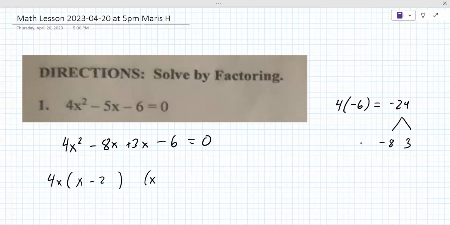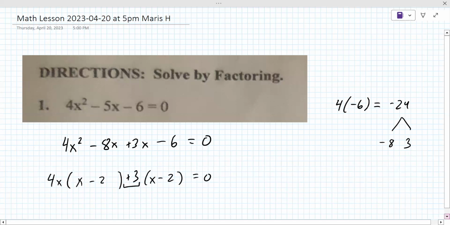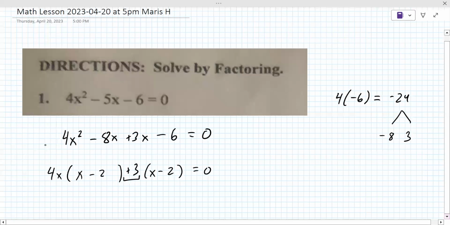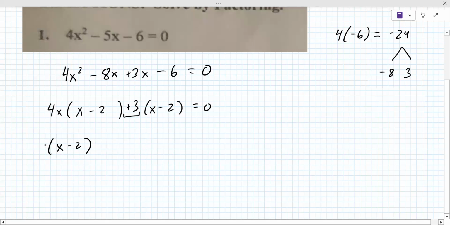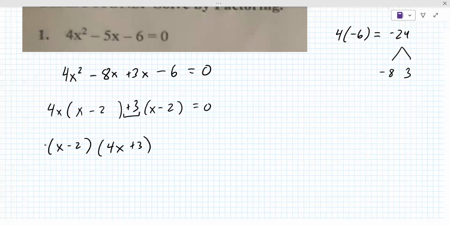And you write that over here as well. What goes in between them? +3, good. So here we go. You factor out x minus 2, and you're left with 4x plus 3.